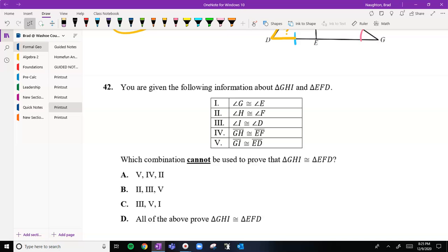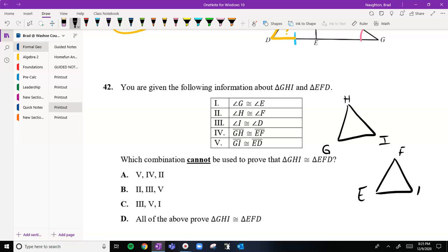Alrighty. On this next one, you're going to go ahead and draw these two triangles. So I'm going to go G, H, I, and then we're going to do E, F, D. And then it gives you three pieces of information. So this one's going to work. Let's start with one that doesn't work here so we can show you what's going down.